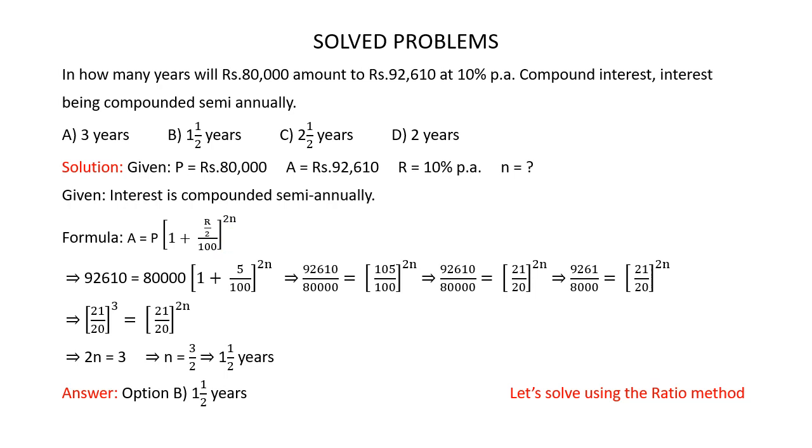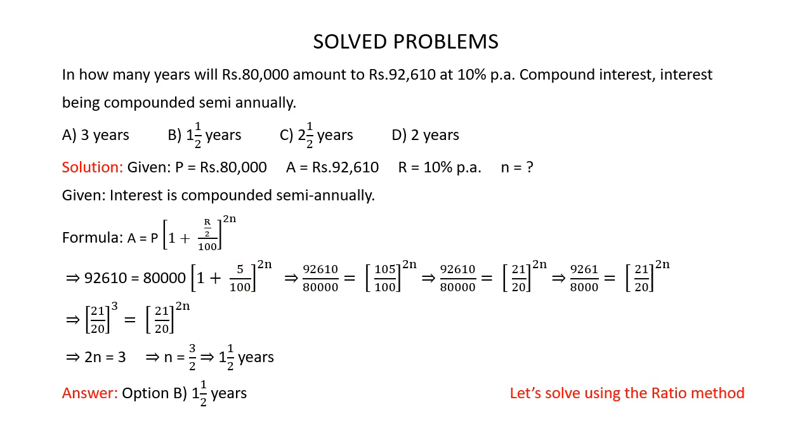Now substituting all these values in the formula here, we get 92,610 is equal to 80,000 multiplied by 1 plus R by 2 is 10 by 2, which is 5. So we have 5 by 100 raised to the power 2n.